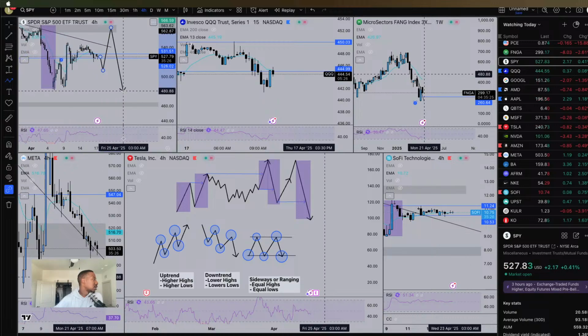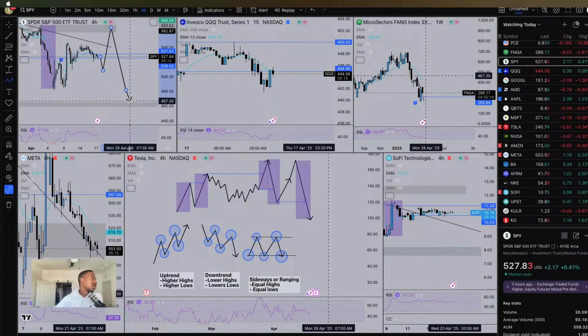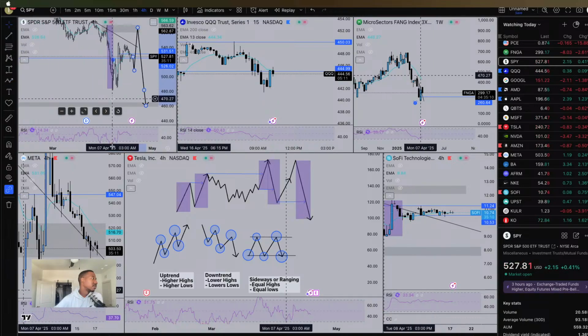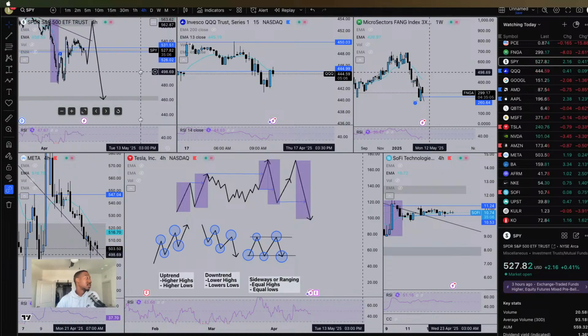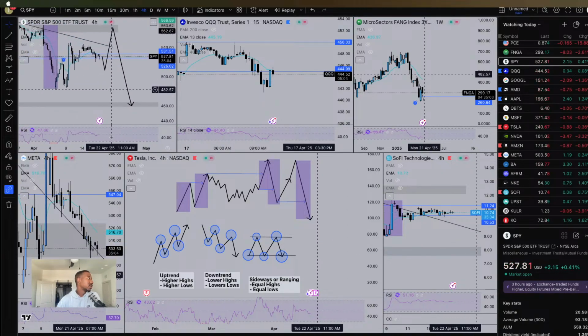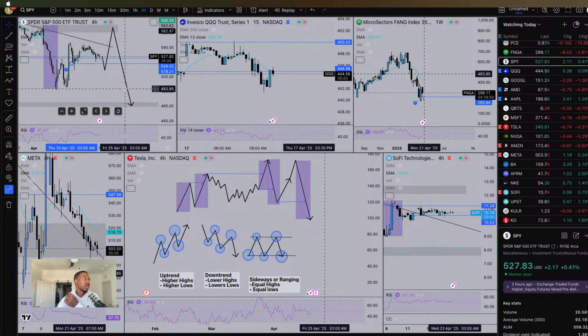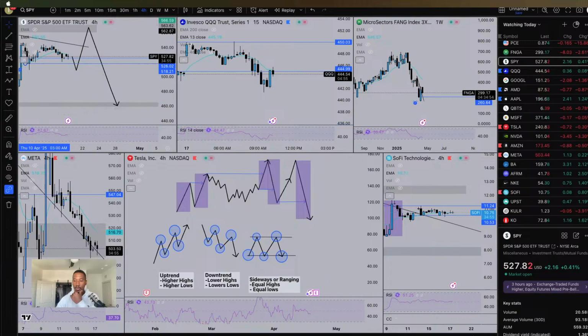And then ideally, we either make another equal low and we can go back up, or if we're going to go lower, we make our way to this demand zone over here. So this is probably going to be the play on the SPY. It just comes down to the frequency or pace that it wants to make these moves.